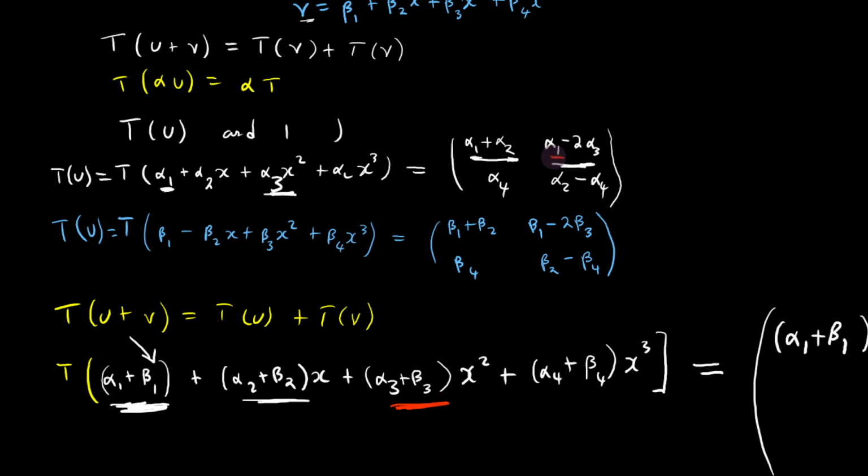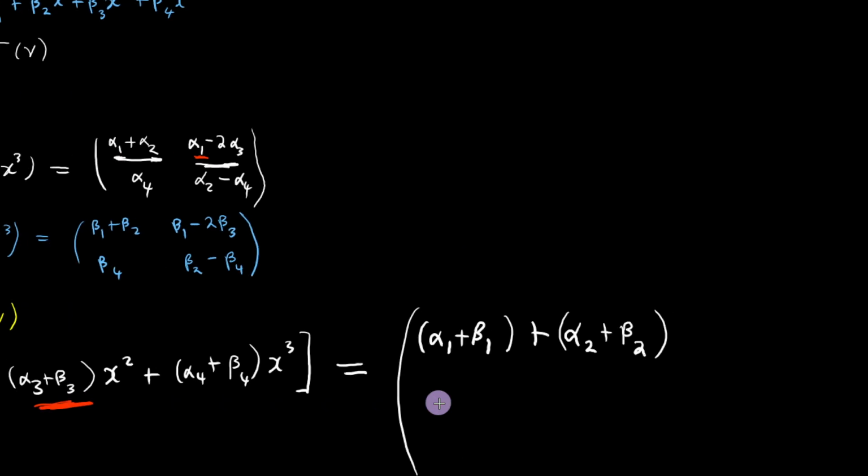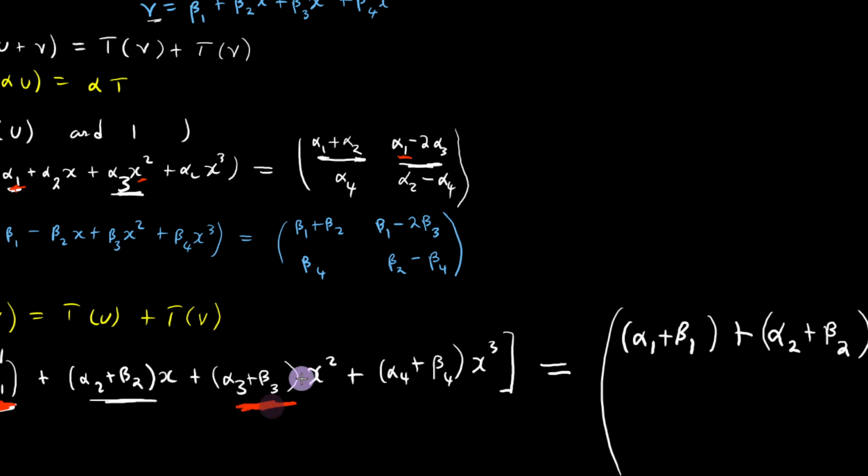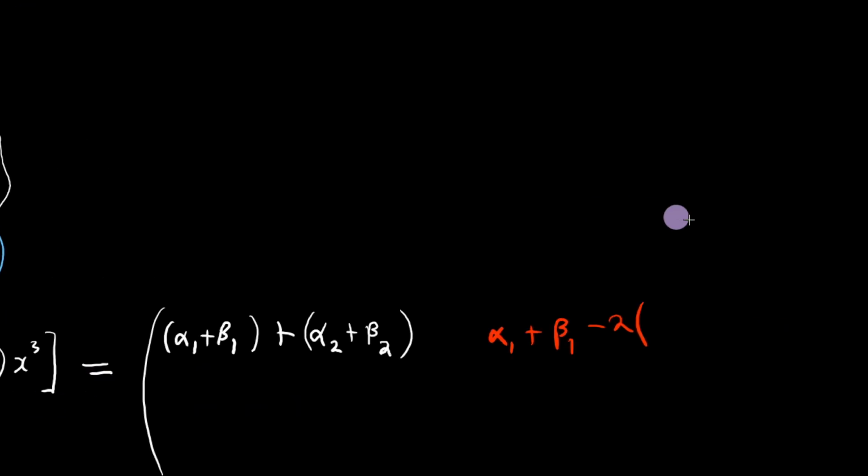So it will be alpha 1 plus beta 1 minus 2 times the coefficient of this, which is alpha 3 plus beta 3.